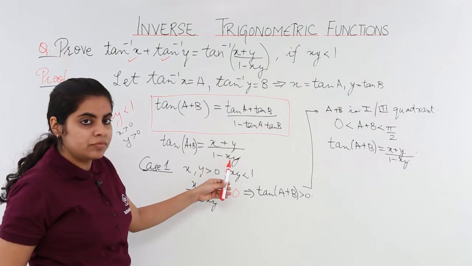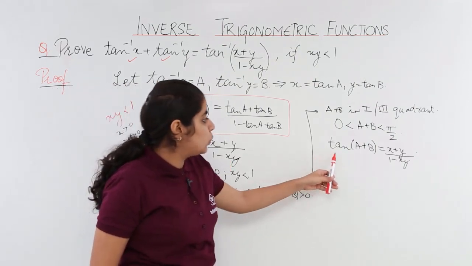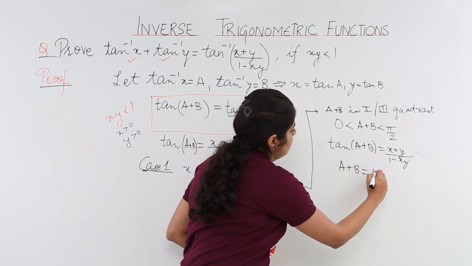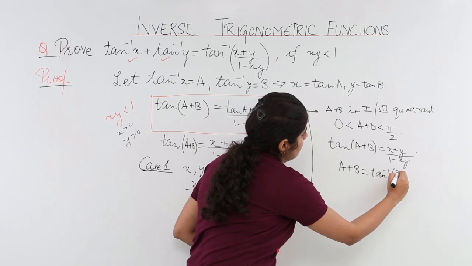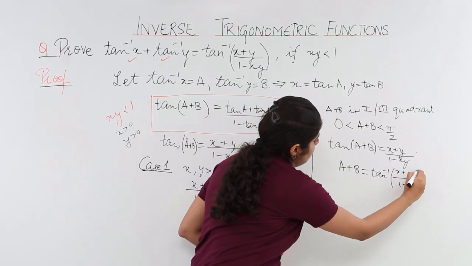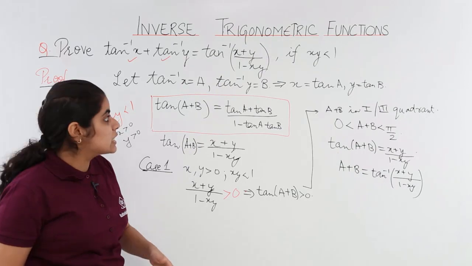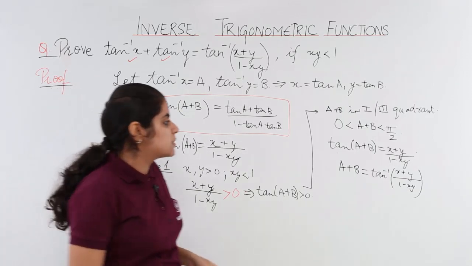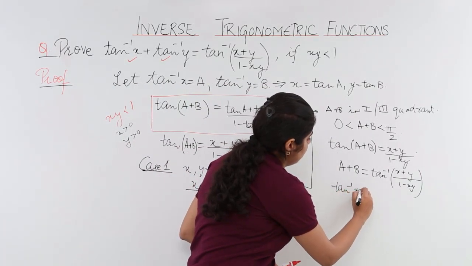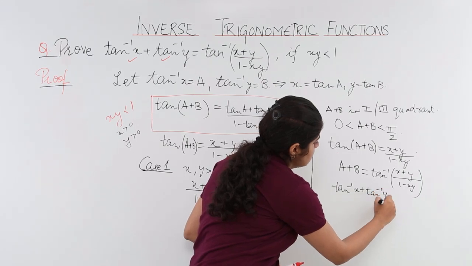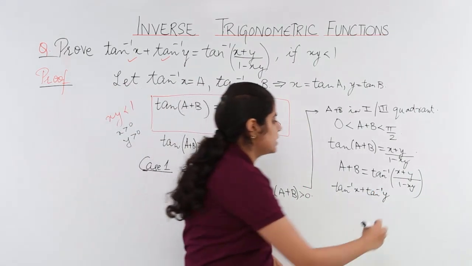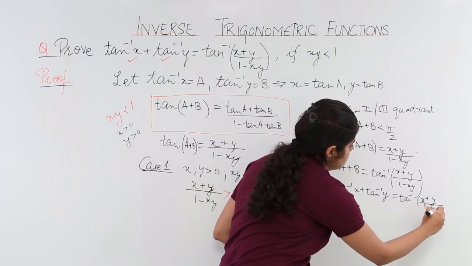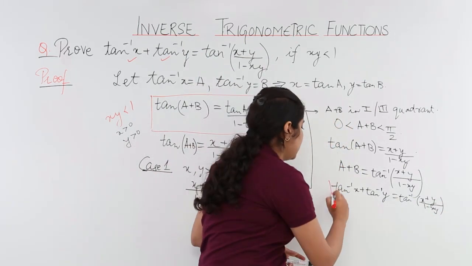If I keep this tan to the other side, a plus b is equal to tan inverse of x plus y upon 1 minus xy. A is given as tan inverse x, b is given as tan inverse y. So it becomes tan inverse x plus tan inverse y, and the right hand side remains the same, tan inverse of x plus y upon 1 minus xy.